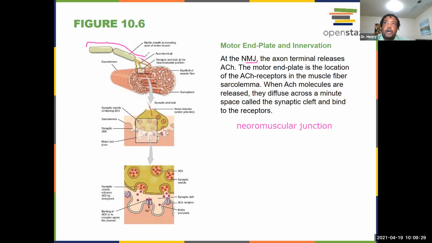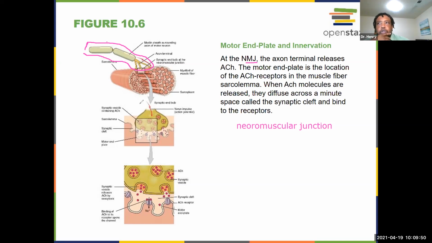And remember, our nervous tissue is insulated with the myelin sheaths that are surrounding, kind of acting as insulation so that those impulses aren't lost. And these are your axon terminals.